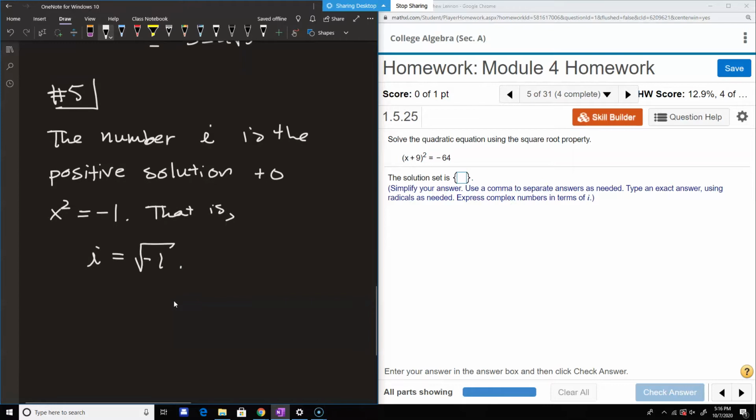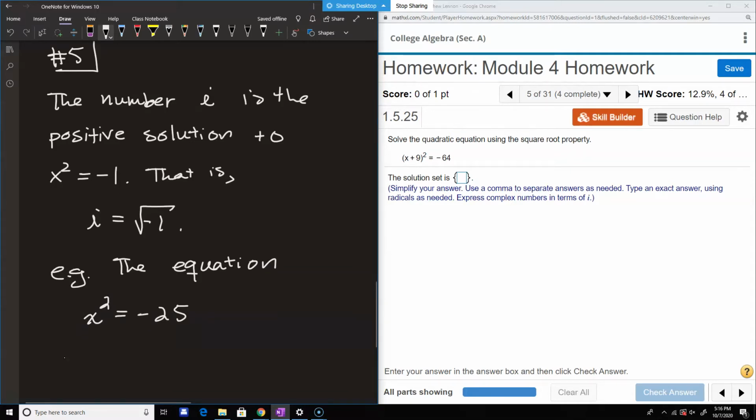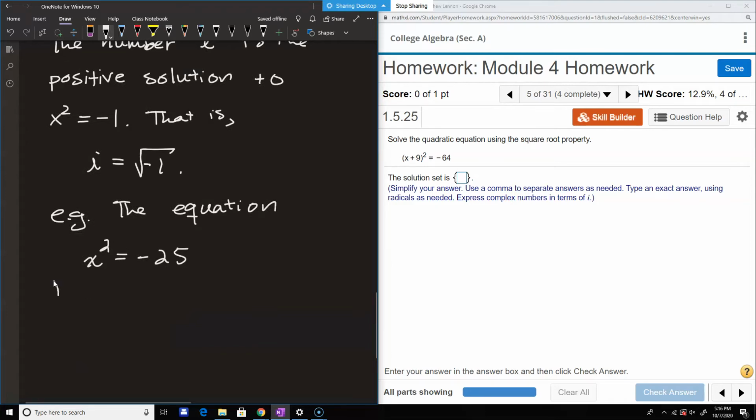So, for example, the equation x squared equals -25 has solutions. x is equal to plus or minus the square root of -25.